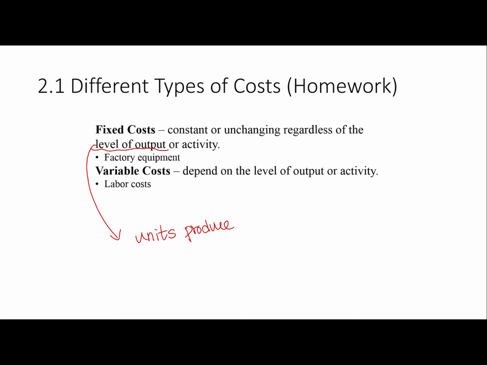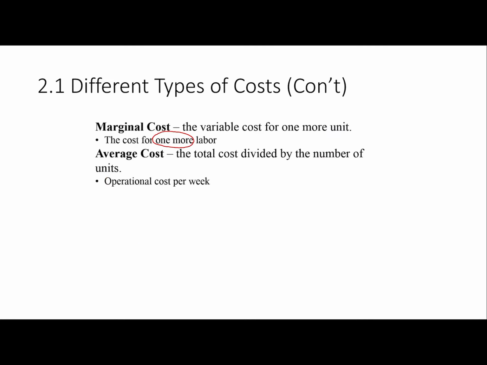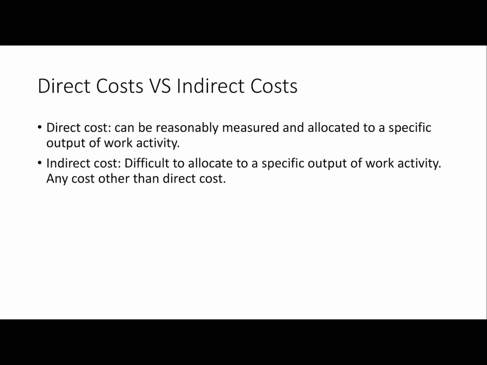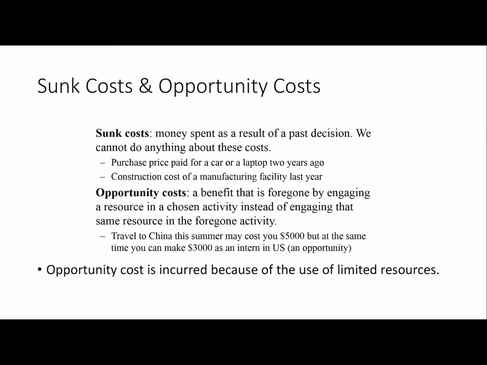We have fixed costs, variable costs, marginal costs, average cost, okay, recurring costs, non-recurring cost, direct cost, indirect cost, sunk costs, and opportunity costs. You want to know the definition of each cost, and you want to go over all the definitions and see if you understand them.